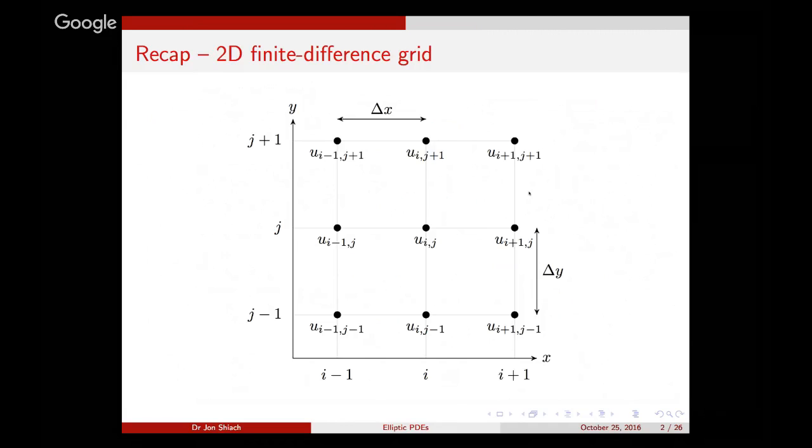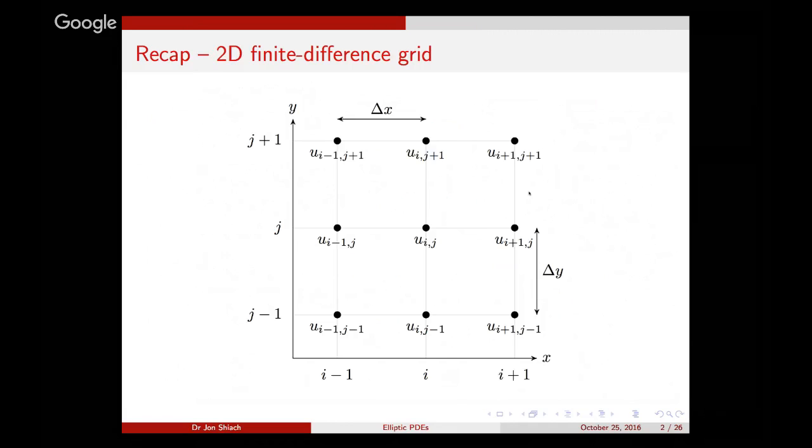So here we have 2D. x is traditionally represented as a horizontal axis, y as a vertical axis. And we have what we call indexes. i refers to the location of the finite difference node along the x direction, and j refers to the location along the y direction.